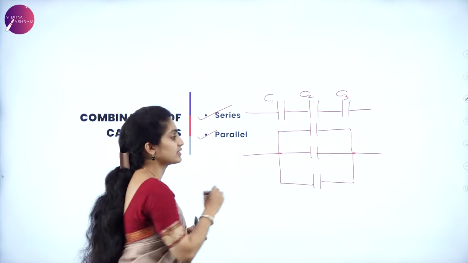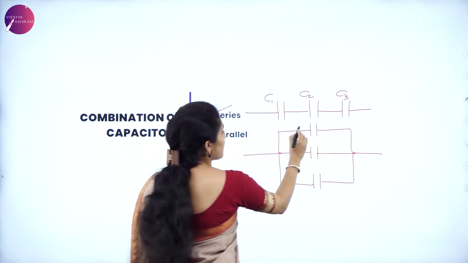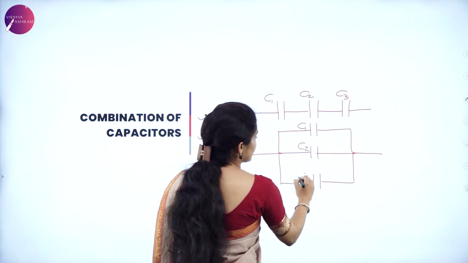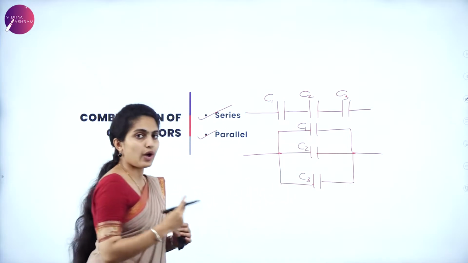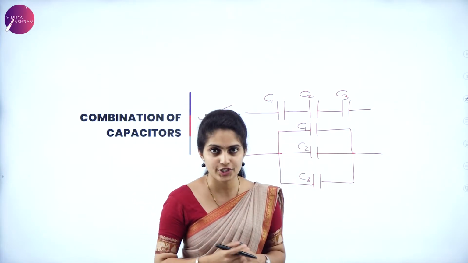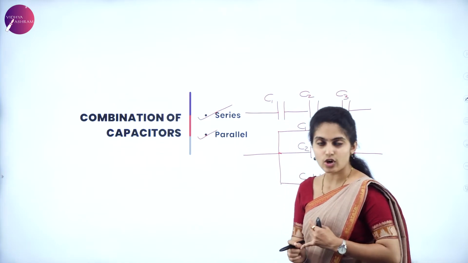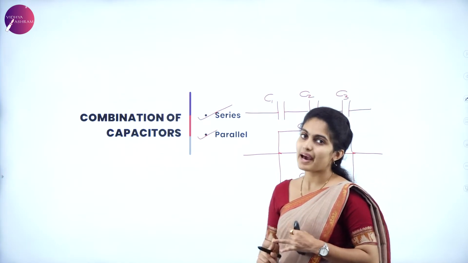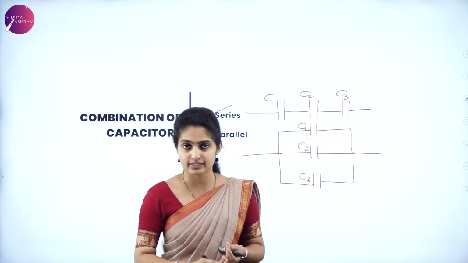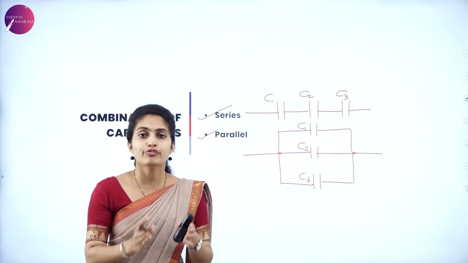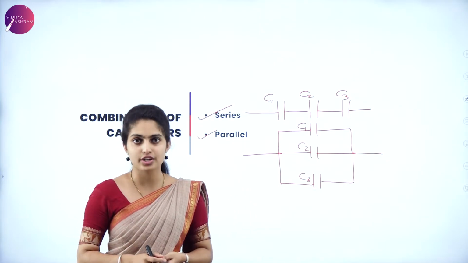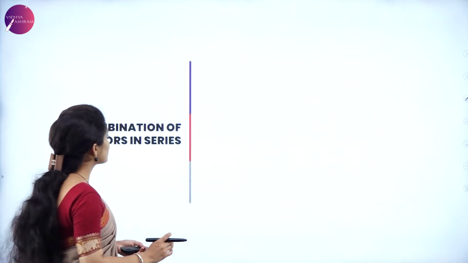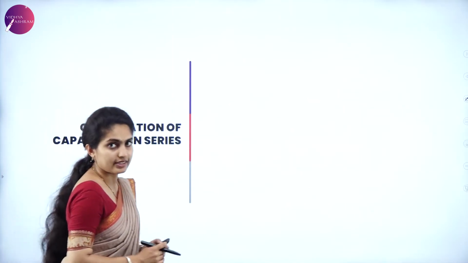So three capacitors are here which are connected in parallel, C1, C2 and C3. So you have two sets of combination. One is series combination, another one is parallel combination of capacitors. So now dealing with the first combination, that is capacitors in series.